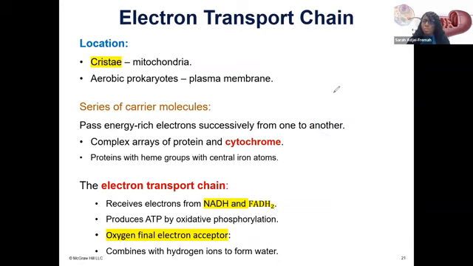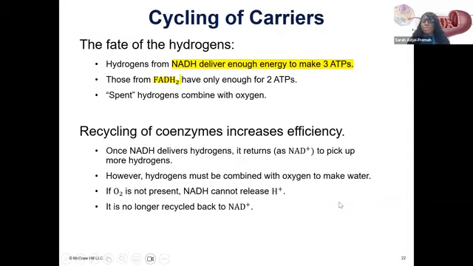When you have one glucose molecule, you would be able to break this glucose molecule to release energy in the form of ATP as you go through glycolysis, as you go through the preparatory reaction, as you go through the citric acid cycle, and as you go lastly through the electron transport chain. Now, when you think about the 2 electron carrier molecules that we've talked about, NADH is able to deliver 3 ATP molecules, and FADH2 is able to generate 2 ATP molecules for us, as they enter the electron transport chain process.